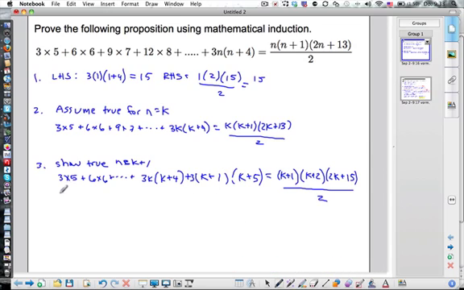So now we have our substitution piece. Remember, this is our substitution piece right here. And we have our goal right here. Okay.